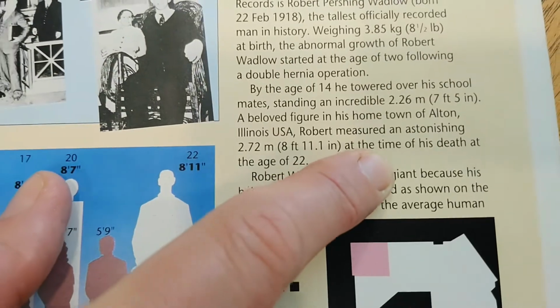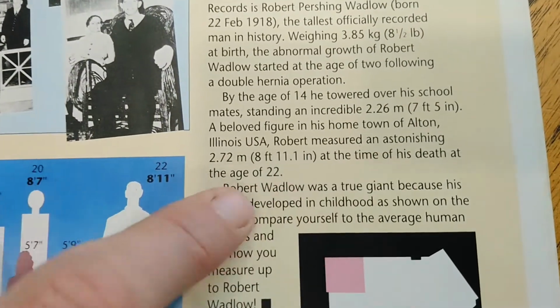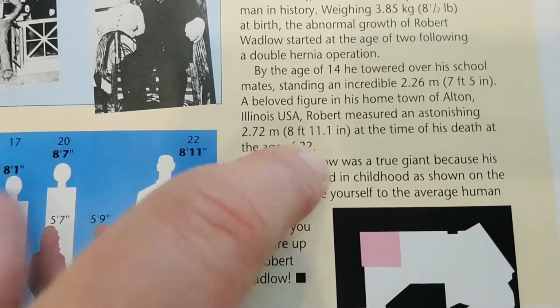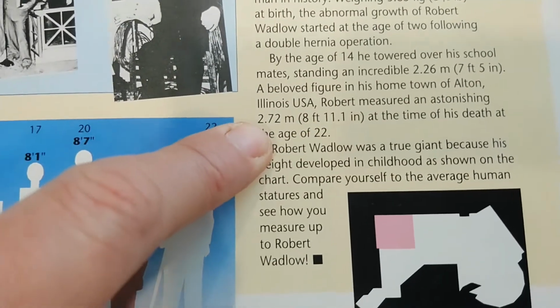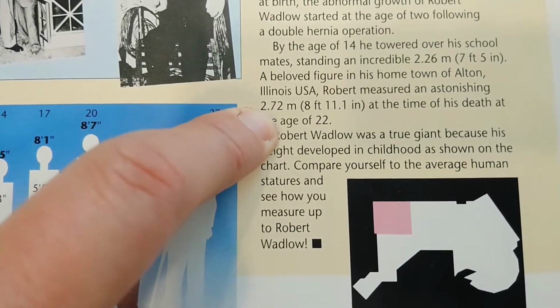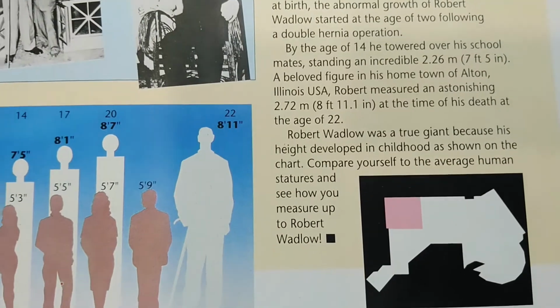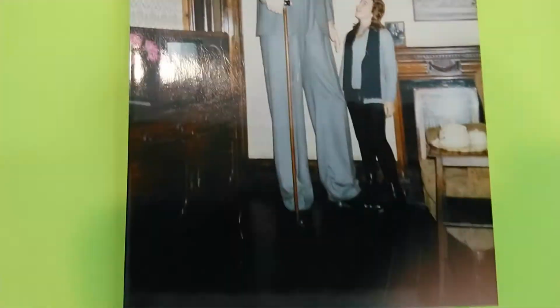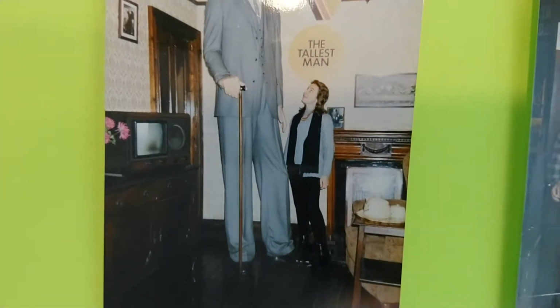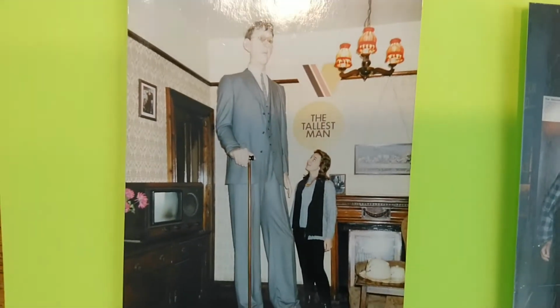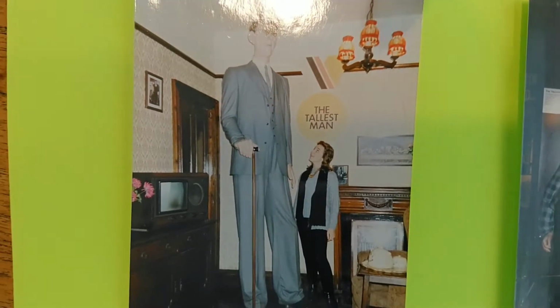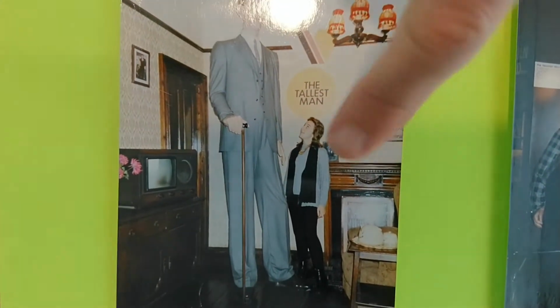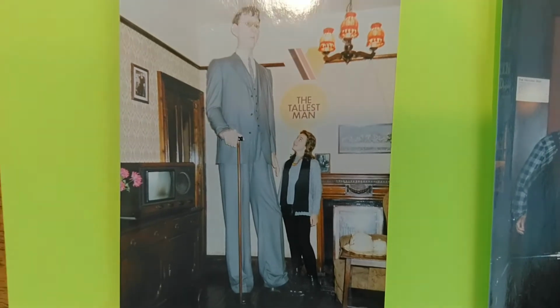And at the time of his death, at the age of 22, he measured 2 meters 72 centimeters. And look, children, I have a picture of him. This is Miss Estela, a long time ago, very young, younger than now. And look at the tallest man. Can you compare? Can you see how tall he was?